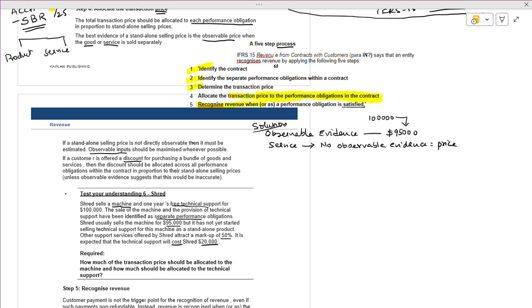Means the value is 100. They are selling it for 95, and the difference of 5,000 is nothing but residual.